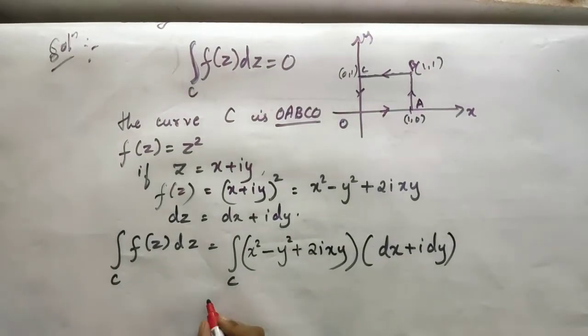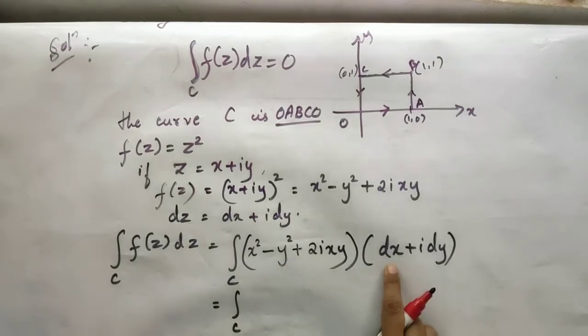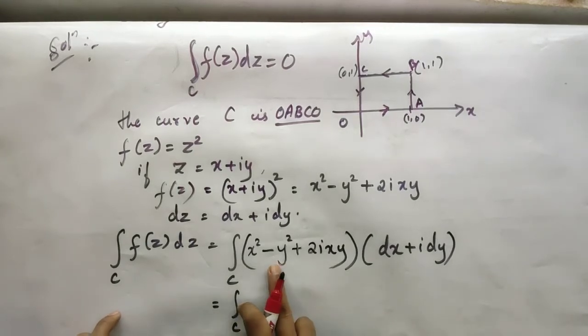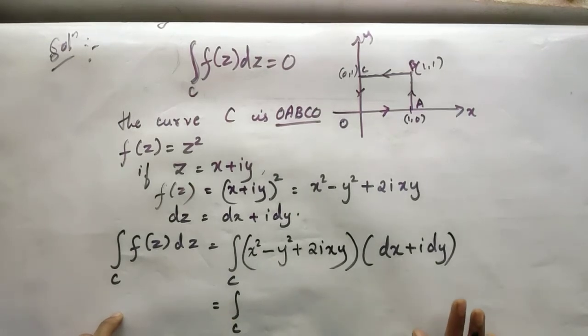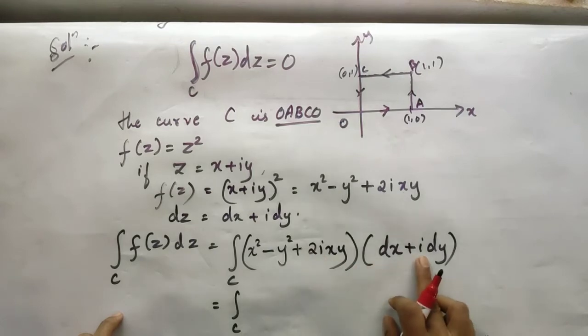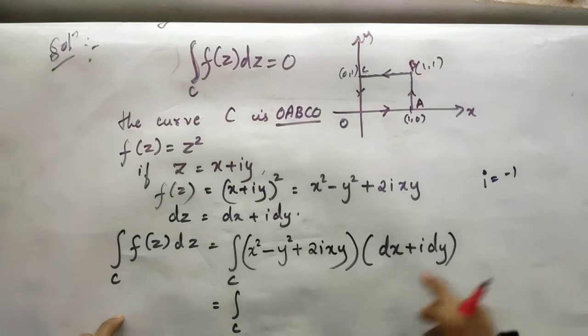Yes, now this is equal to integration over the curve C. Now multiply this with this. See here, separate the real and imaginary parts. Always remember, whenever you multiply a real part to the real part, you will end up with the real part, and when you multiply the imaginary part with the imaginary part, you will also end up with the real part, because i into i will get you i square, and i square is minus 1. So you have to replace that value.